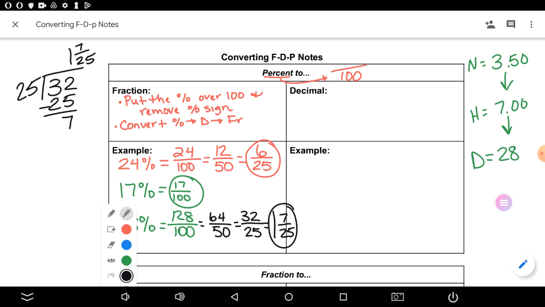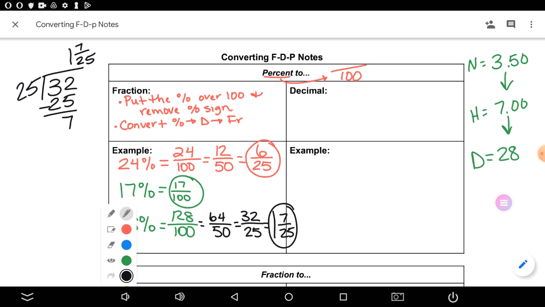Now decimal. How do we change a percent to a decimal? Think about the ones we do know to help us figure out the ones we do not and come up with a rule. Kendall? So since the fraction is like the percent over 100, you move the decimal point 2 times to the left.